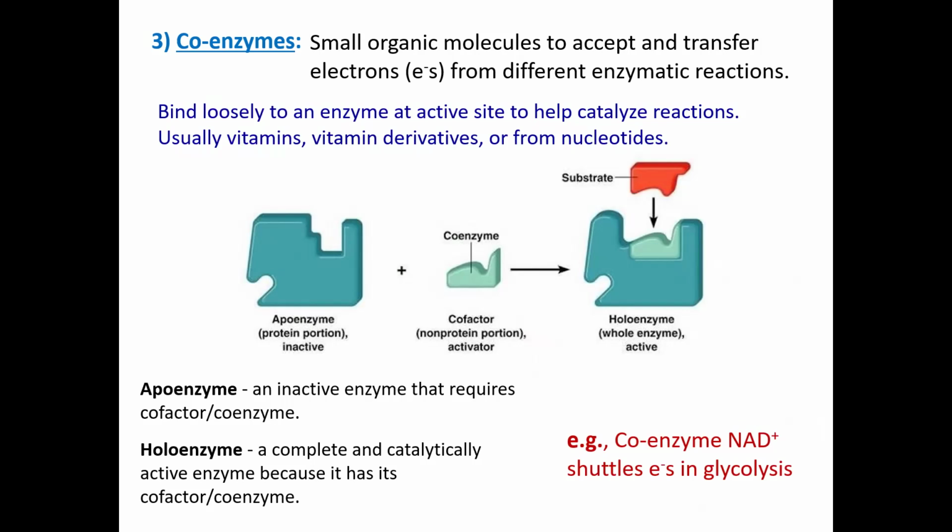If it requires an organic molecule to bind to it, that is a coenzyme. When that binding happens, it activates the enzyme, and now the substrate can come and bind to it, and the catalysis occurs. So the apoenzyme is an inactive enzyme that requires a cofactor or coenzyme, and the holoenzyme is a complete and catalytically active enzyme because it has its cofactor or coenzyme bound to it.